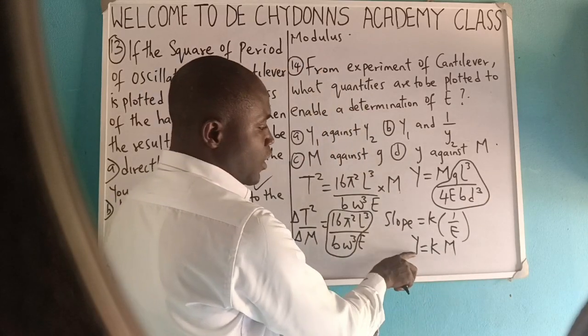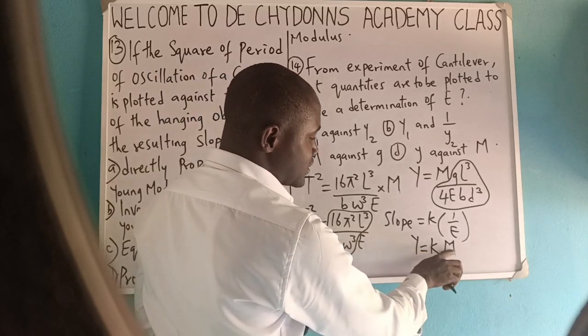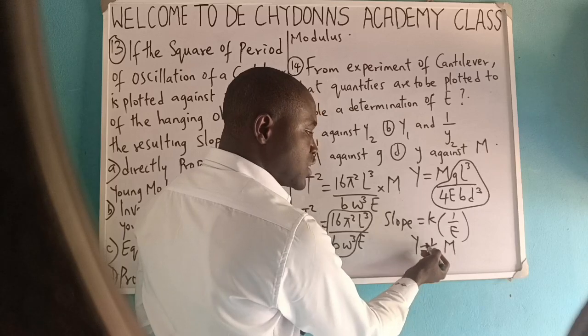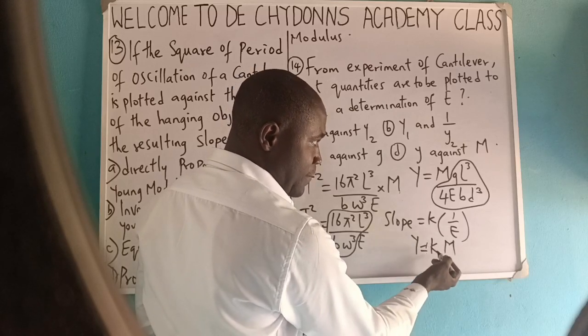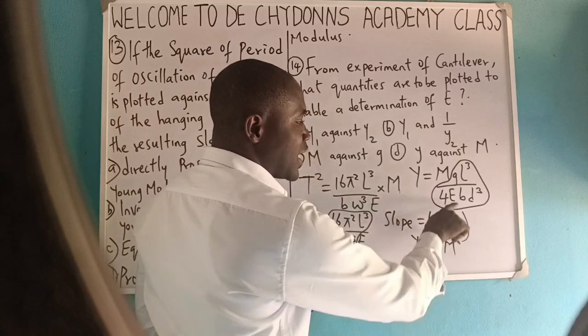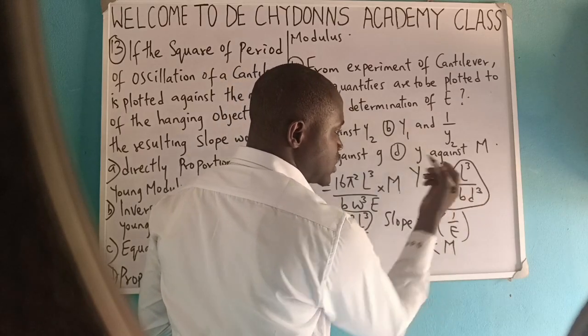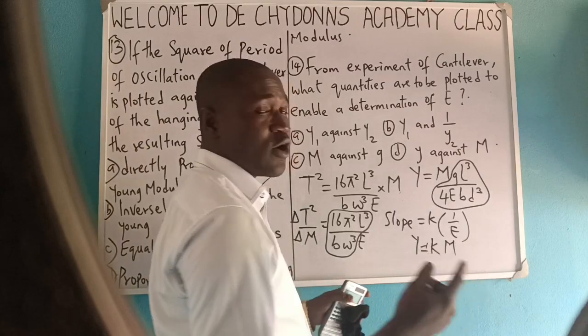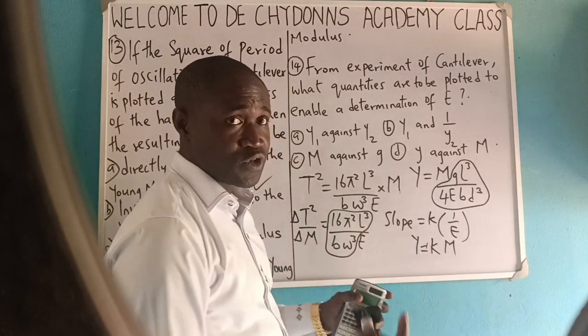That means when you plot the graph of Y against M, this will be called your slope. It is from this slope, that is your K, that you will now use to get your E, because g is constant, 9.8 or 10 approximately meter per second squared, depending on the units given to you.